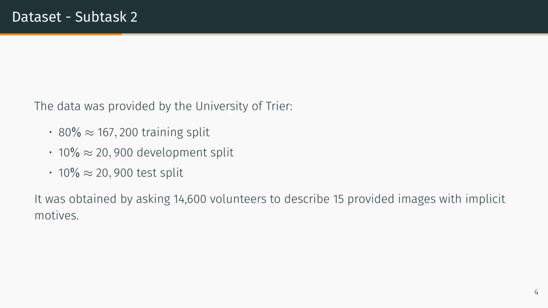For the second subtask, over 14,000 volunteers were asked to describe 15 provided images with implicit motives, and these answers have then been labeled by researchers of the University of Trier. And we also have 80% for training, and the rest is for development and testing.